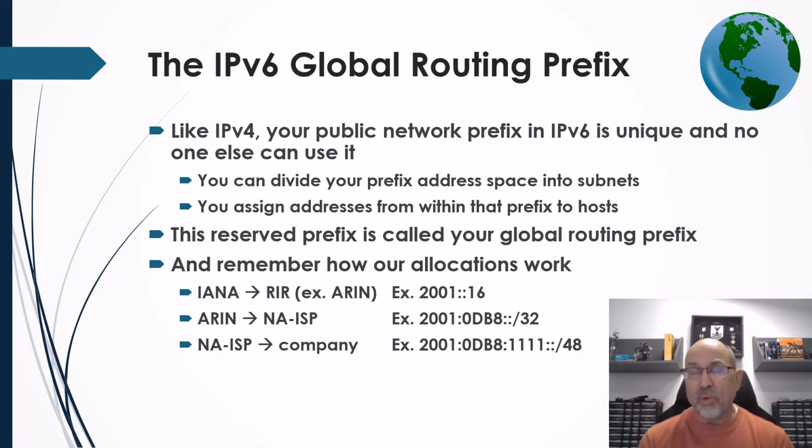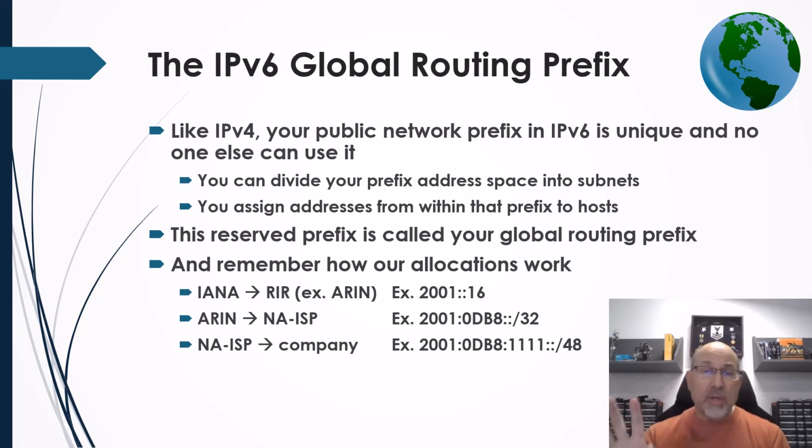So a company would be in North America, for example, and ARIN would give out a chunk of address space after being assigned a big swath of the IPv4 address space from IANA. So the pecking order goes like this: IANA at the top, then the regional internet registries, ARIN is the example for North America, and then the ISPs, and then the companies or the customers.